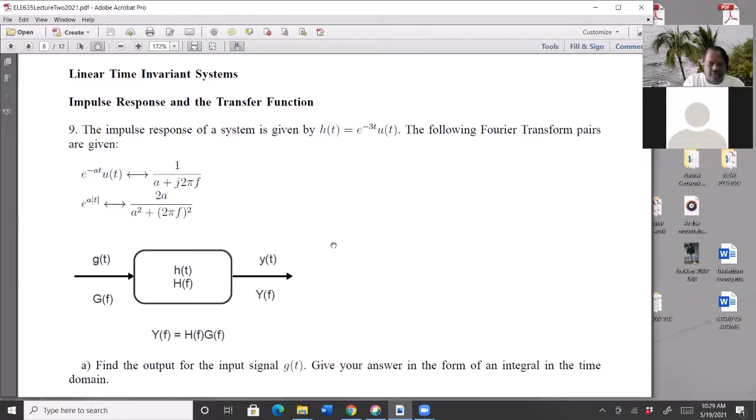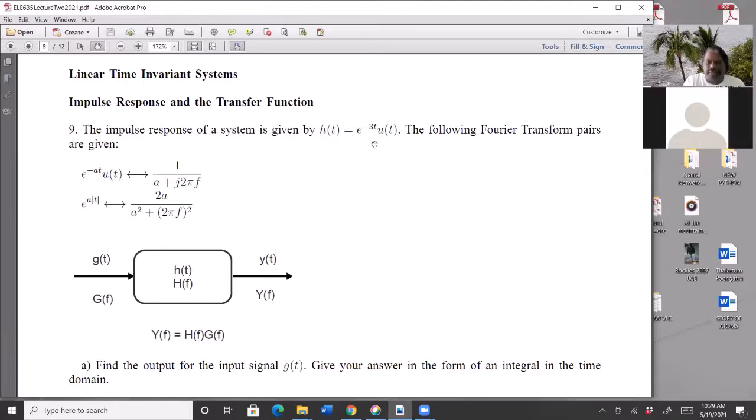Find the output for the input signal g(t). Give your answer in the form of an integral in the time domain. This is another revision. If you are talking about Fourier transforms, or the frequency domain, the output's Fourier transform is given by this. But this is about the time domain.